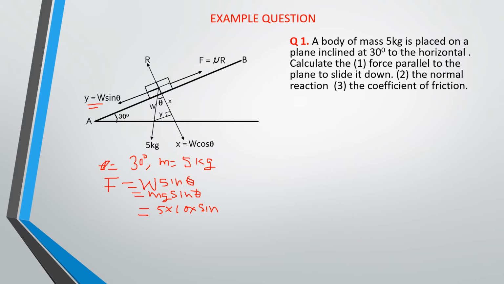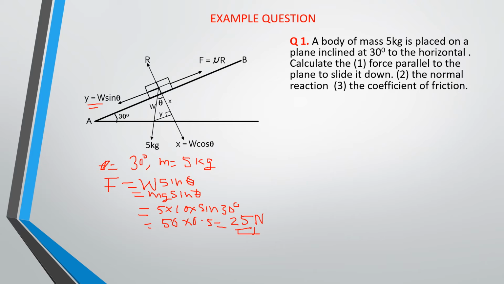Now sine 30 degrees from your calculator is equal to 0.5. So if you multiply that out, 50 times 0.5, and that gives us what? If you multiply that, you have 25 Newton. Okay, so for this particular question, the force parallel to the plane is equal to 25 Newton.